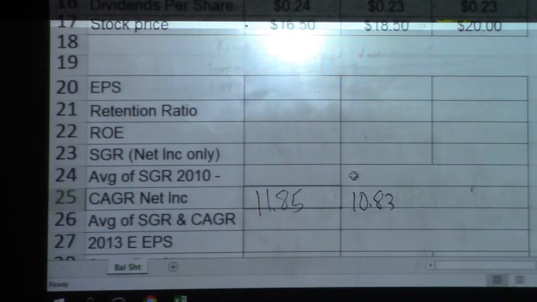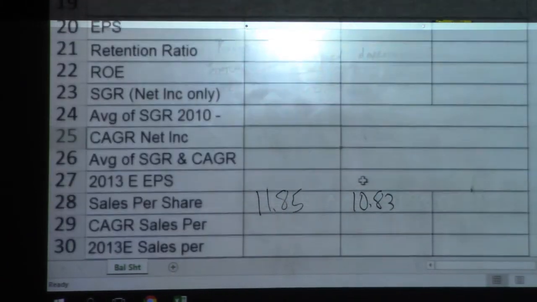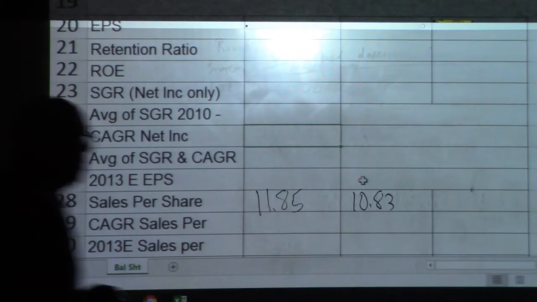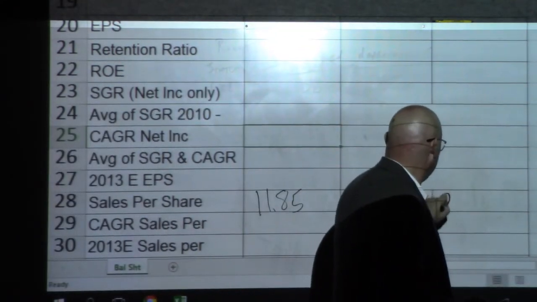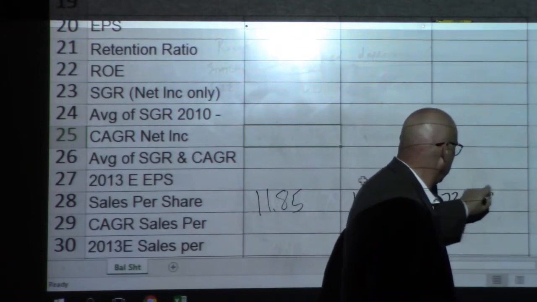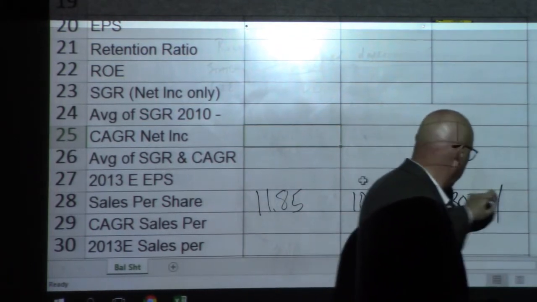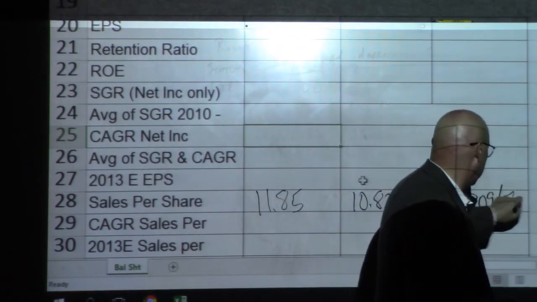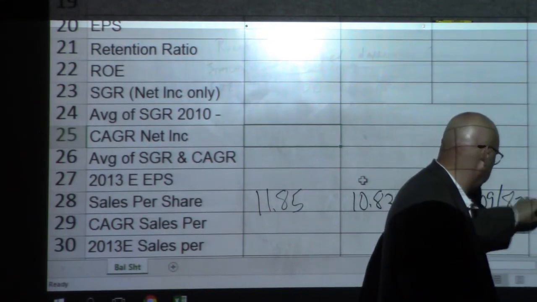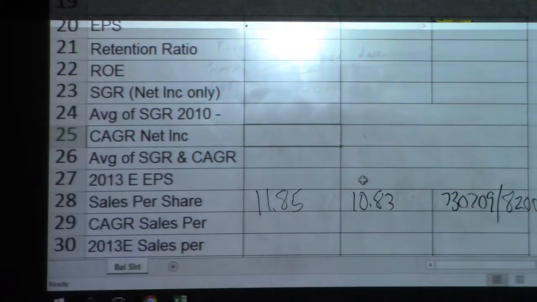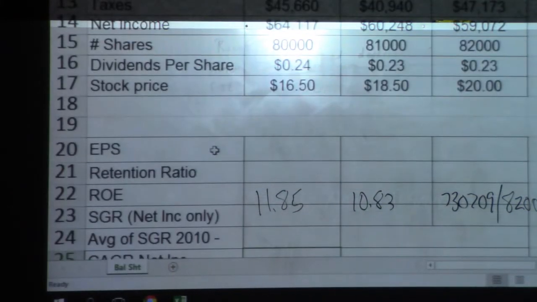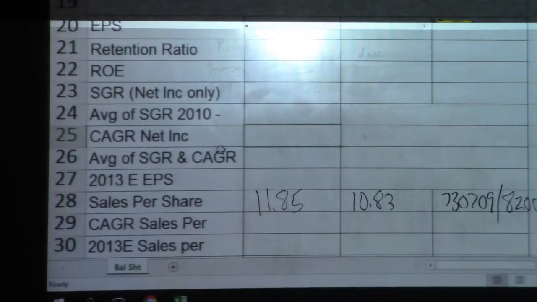Now let's find sales per share in 2010, and that would be $730,709 divided by 82,000 shares. Oh, did I get this one right? Let's see the number above. Hold on a minute. Did I get the 80,000, 81,000?